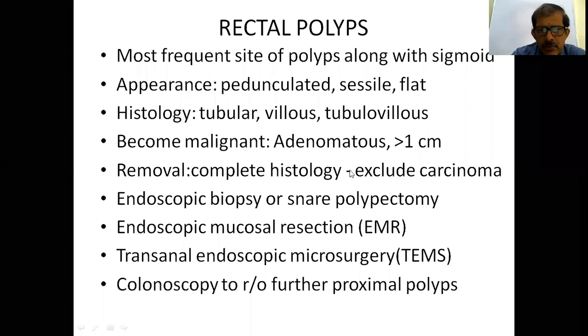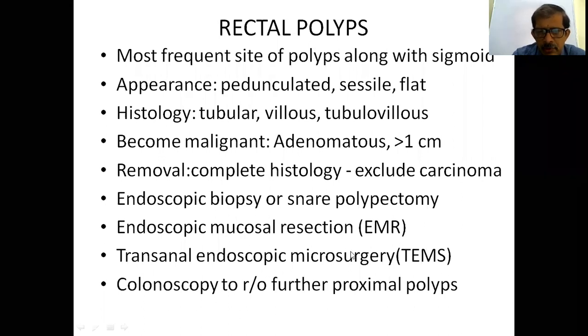So always we should investigate and then exclude malignancy from these so-called polyps, either by EMR or by transanal endoscopic microsurgery. So they will pass this endoscopic resection endoscope through the anal canal and then do the surgery.